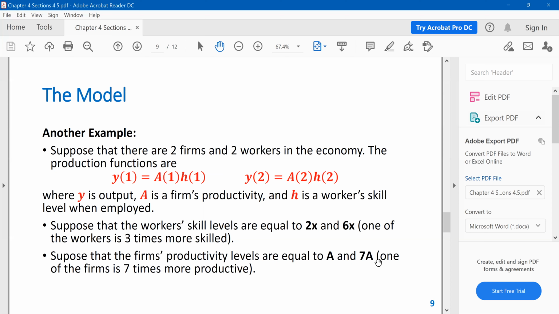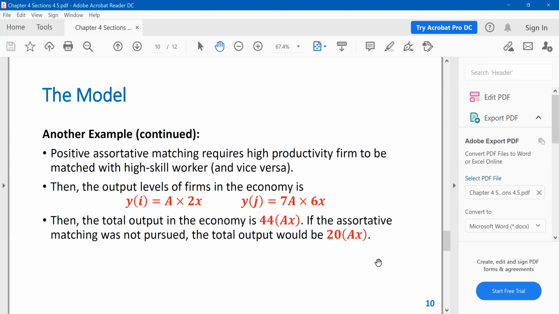Now we can look at different allocations. In the case of positive assortative matching, what happens?